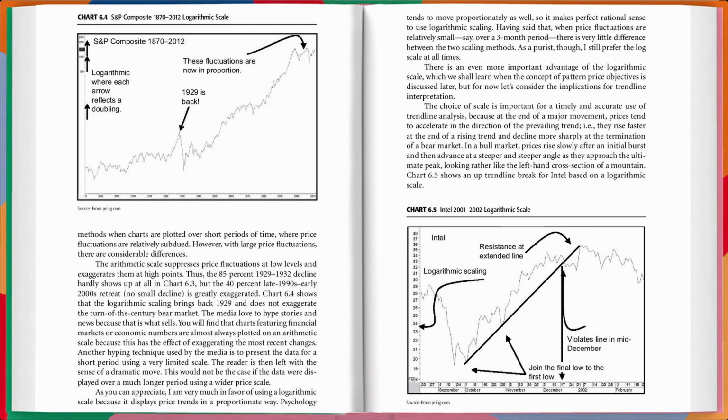There is an even more important advantage of the logarithmic scale, which we shall learn when the concept of pattern price objectives is discussed later. But for now, let's consider the implications for trendline interpretation.